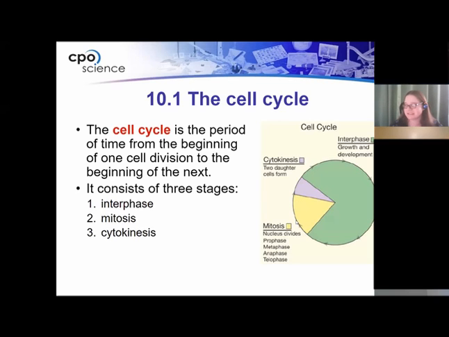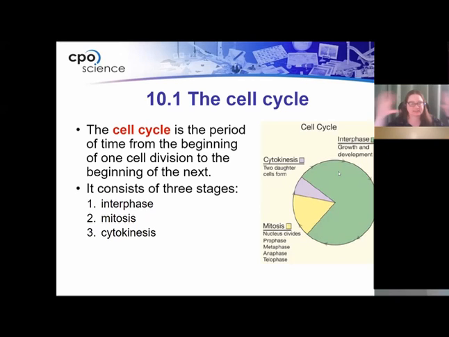Okay, so mitosis, that is the process where the cell starts to actually divide and break up. So that's where it starts to go from 1 into 2, 2 into 4, 4 into 8, 8 into 16, 16 into 32. And then at cytokinesis, that's where it splits up into 2 different cells and the whole process starts all over again.